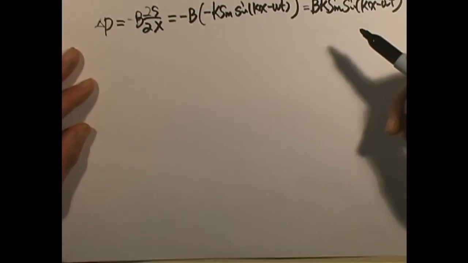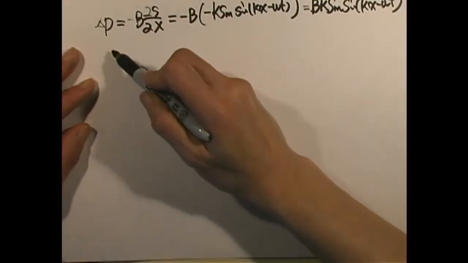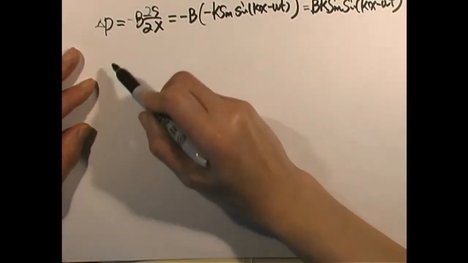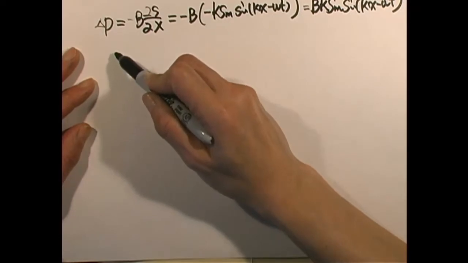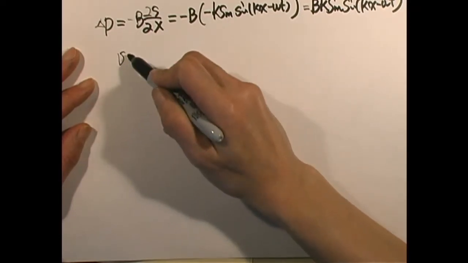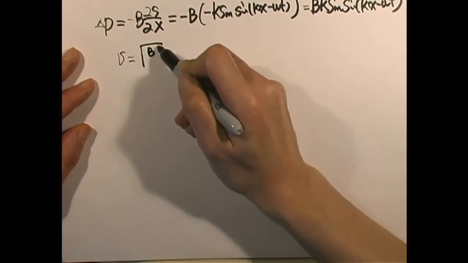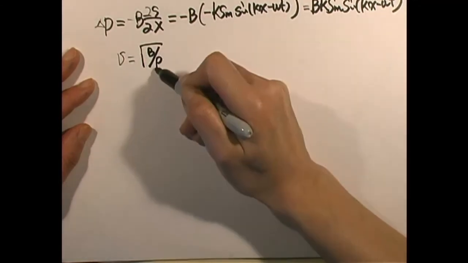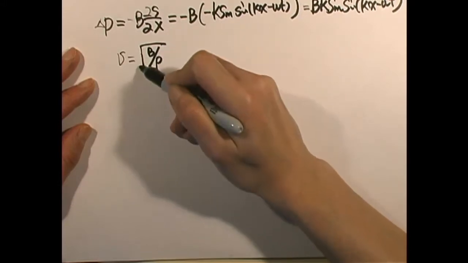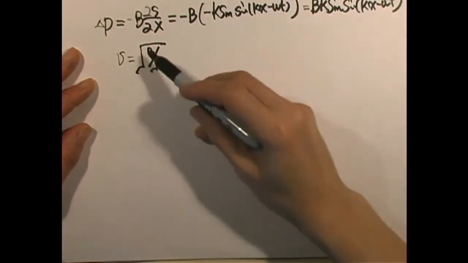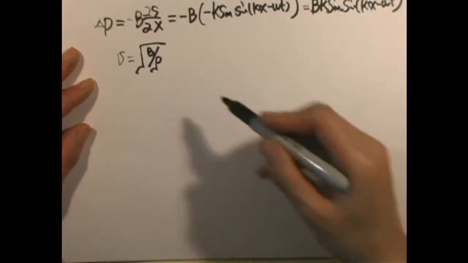On the other hand, we just learned that bulk modulus is associated with the speed of sound, which, if we remember, is speed of sound equals the square root of bulk modulus over density of the fluid. So if we plug in this B, that is v squared rho.